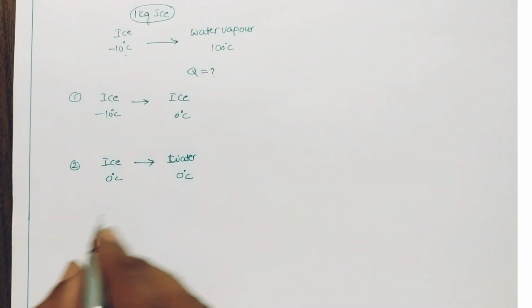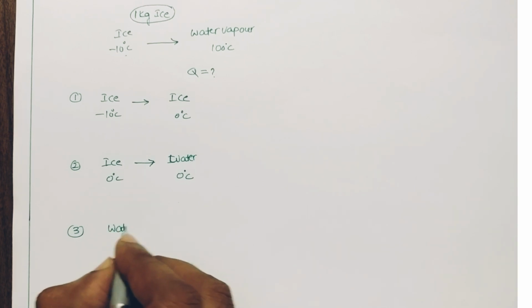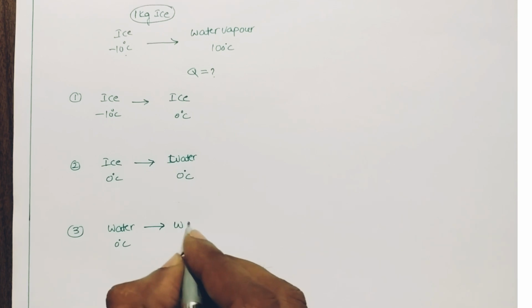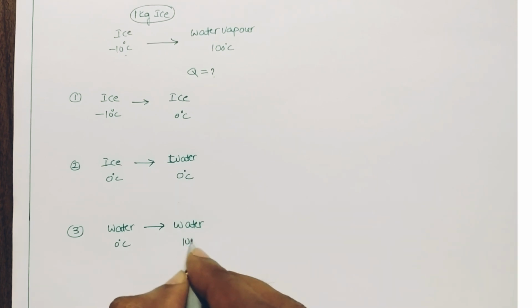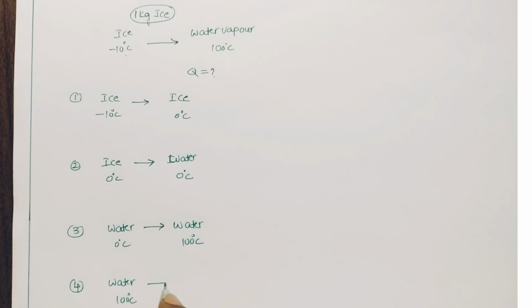In the third stage, water at 0 degrees centigrade is converted into water at 100 degrees centigrade. And in the fourth stage, water at 100 degrees centigrade is converted into water vapor at 100 degrees centigrade.